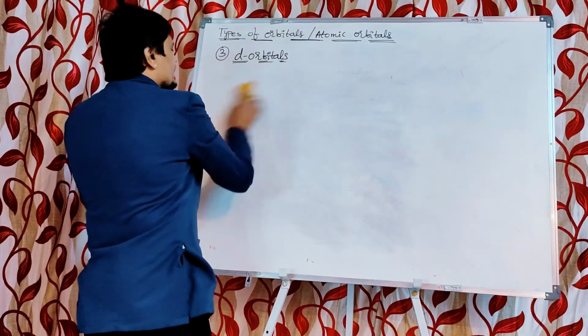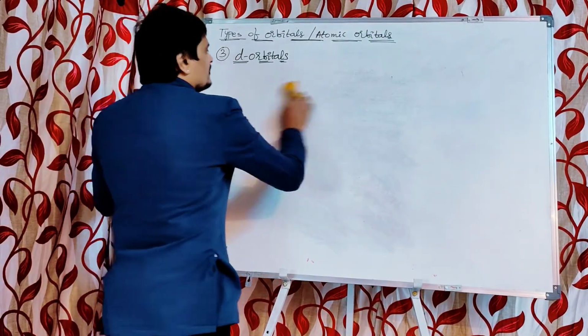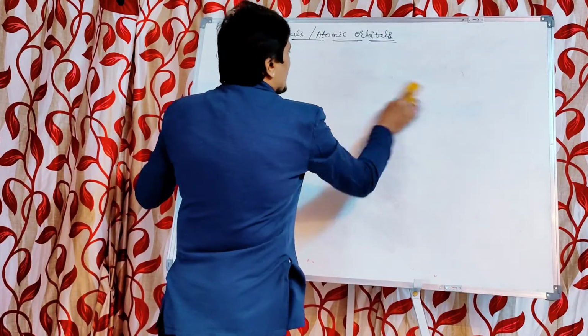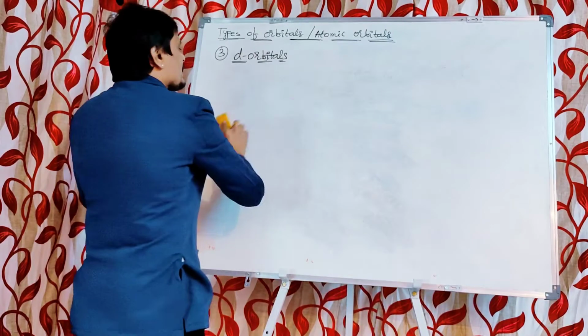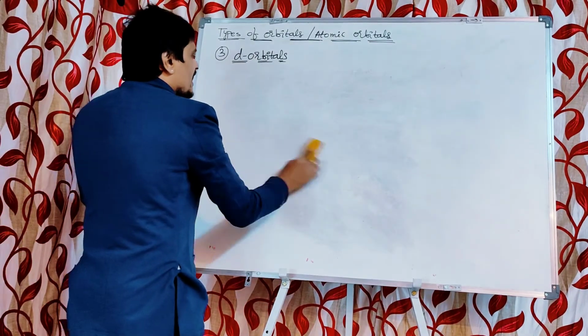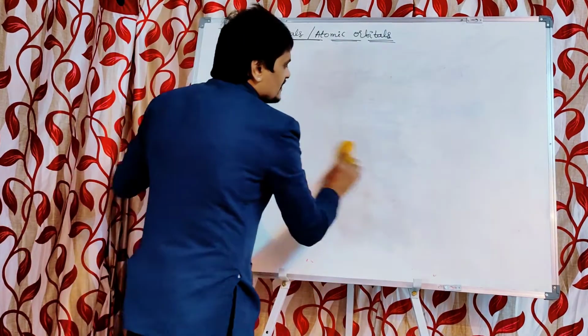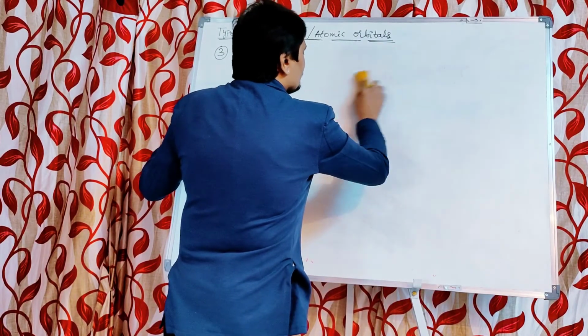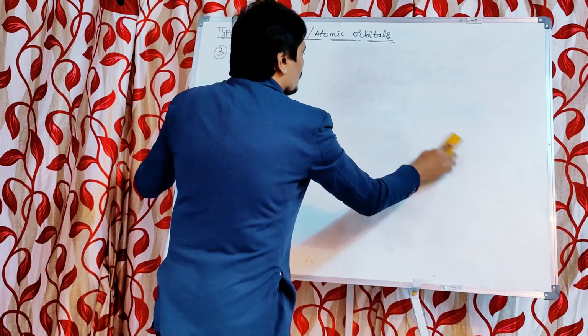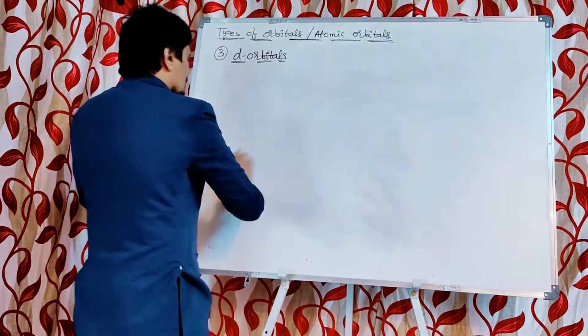If it is dxy, the remaining xz and yz are the nodal planes. If it is dyz, xy and xz are the nodal planes. And if it is dxz, xy and yz are the nodal planes.